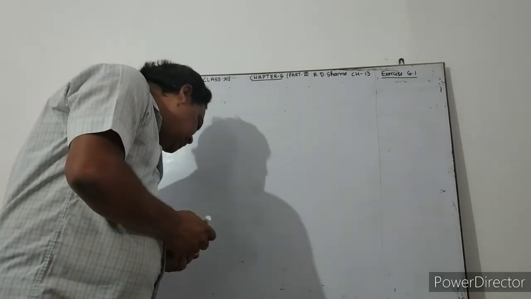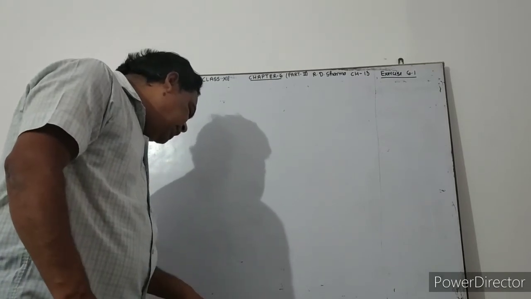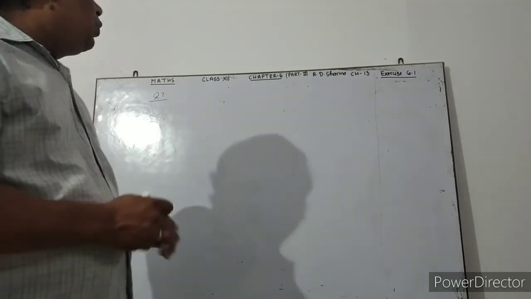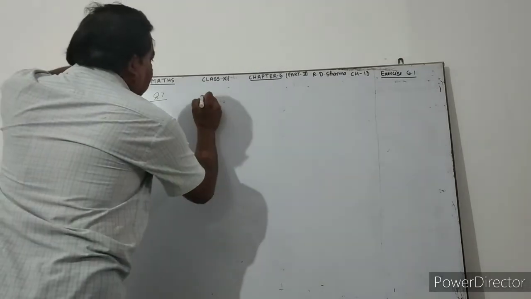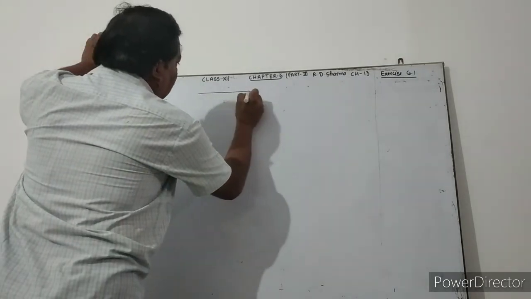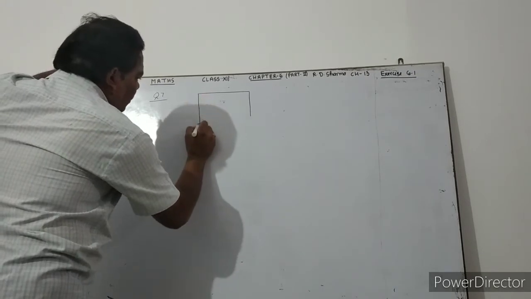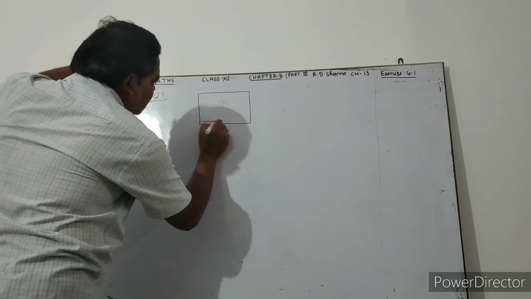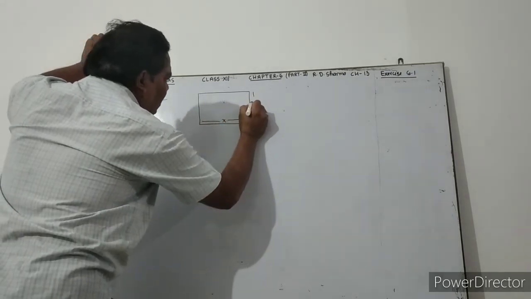Question 7. The length x of a rectangle is decreasing. Suppose there is a rectangle whose length is x and width is y.